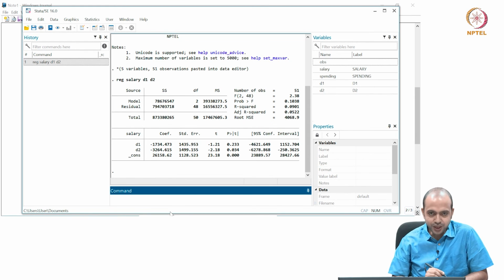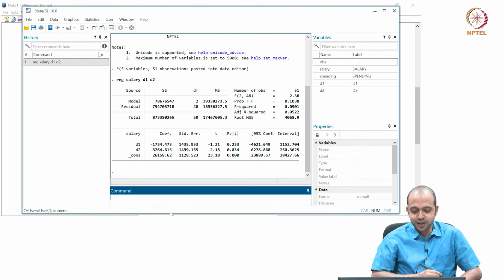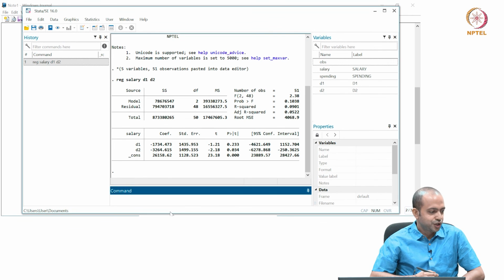But one thing you have to keep in mind in this case, look at the significance of D1 and D2. D1, the T statistic is 1.21 and the corresponding p value is 0.233. If you multiply that by 100, it would become 23.3.